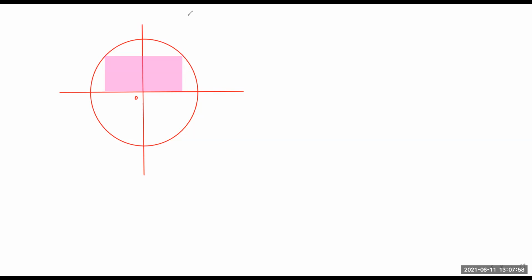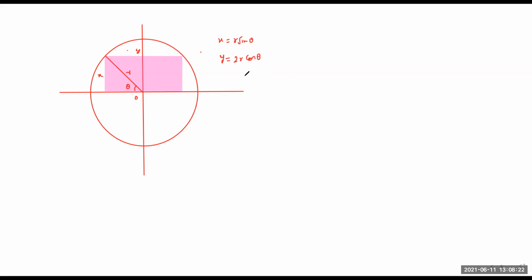So now I'll use a different approach. If I say this is theta, and this is x, what is x, what is y? If r is the value, x is r sine theta and y will be 2r cos theta. Can we write like this?